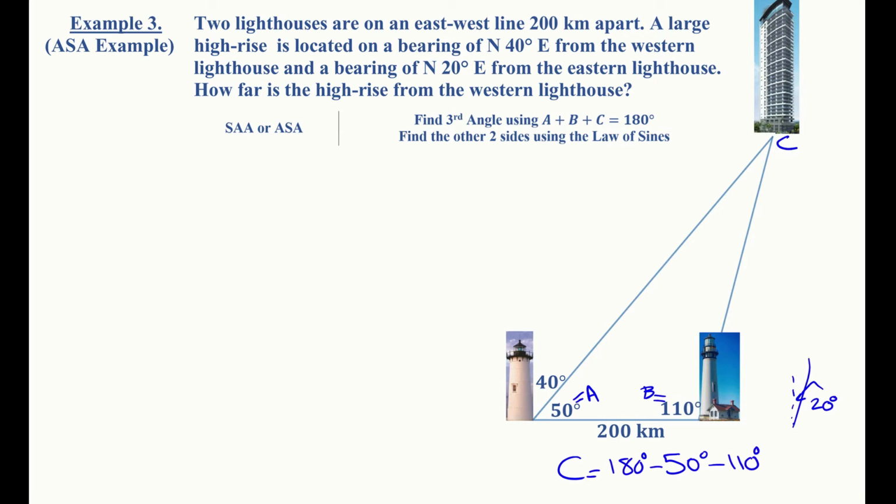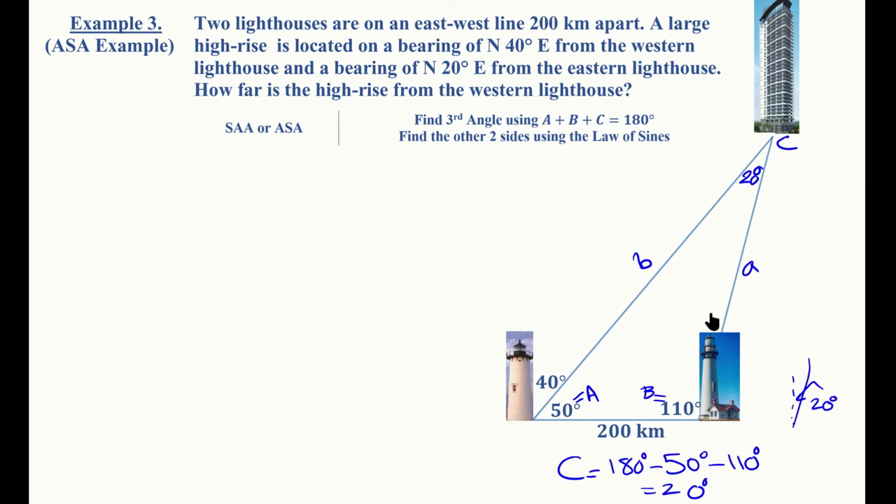So this is simple enough. We can do this in our heads. That's 160 taken away from 180, so 20 degrees. That's what we have here. Okay, so if we complete the labeling, we can see that this will be B and this will be A.